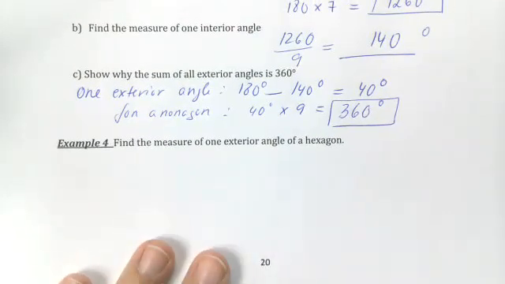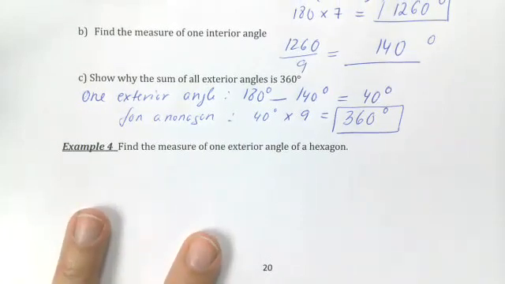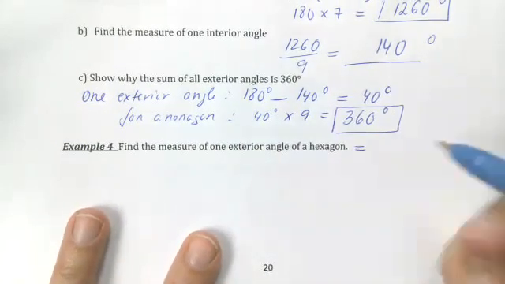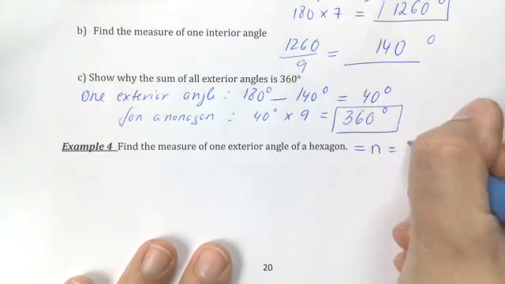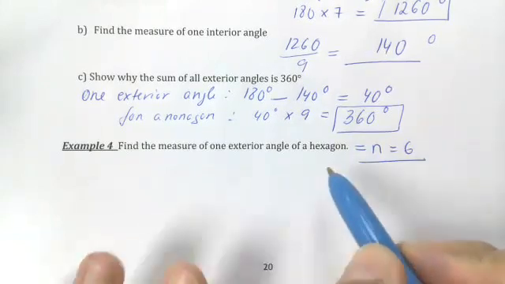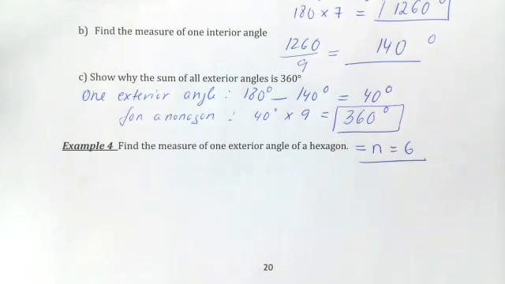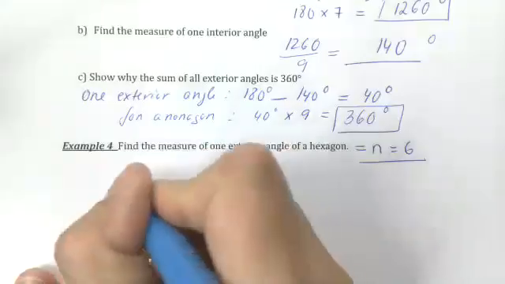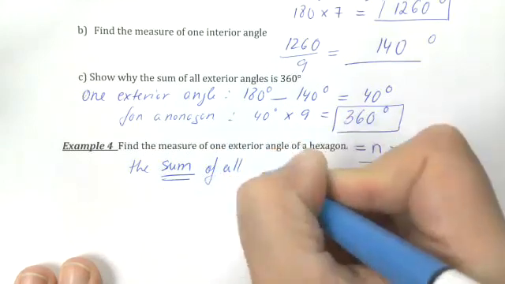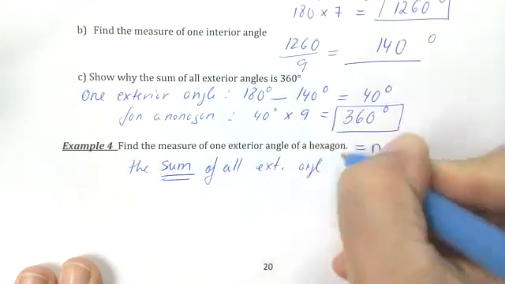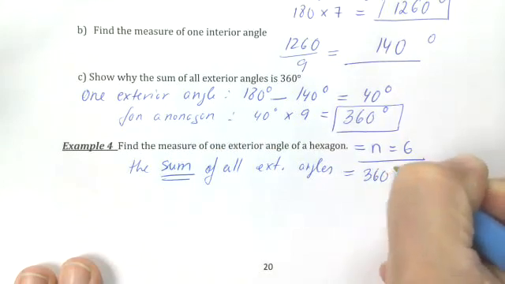Find the measure of one exterior angle of a hexagon. A hexagon is a polygon that has how many sides and angles? 6. Okay, again, we're going to assume they're all regular. Okay, so if it's a regular hexagon, we can find the measure of one exterior angle. Now, what information do we need for exterior angles? The sum of all exterior angles is what? 360.